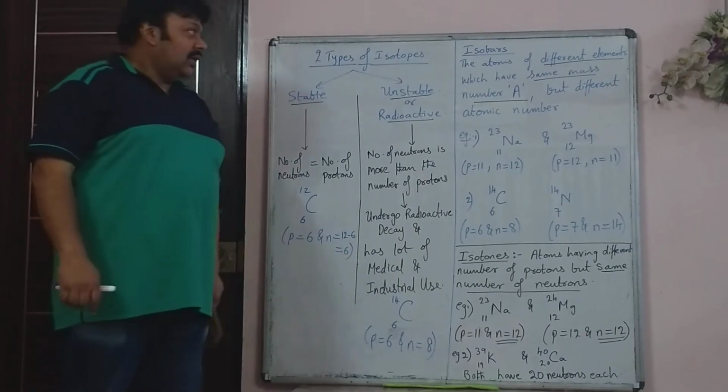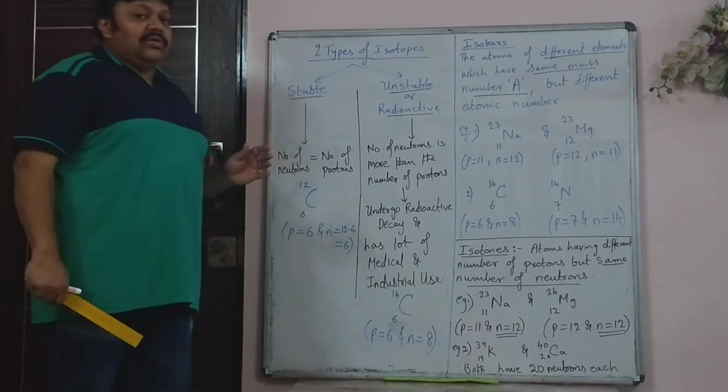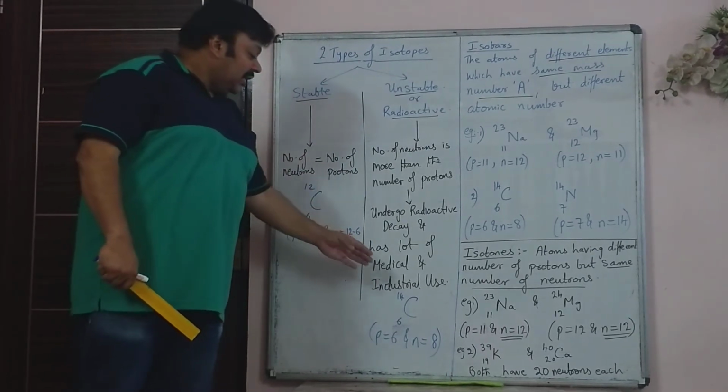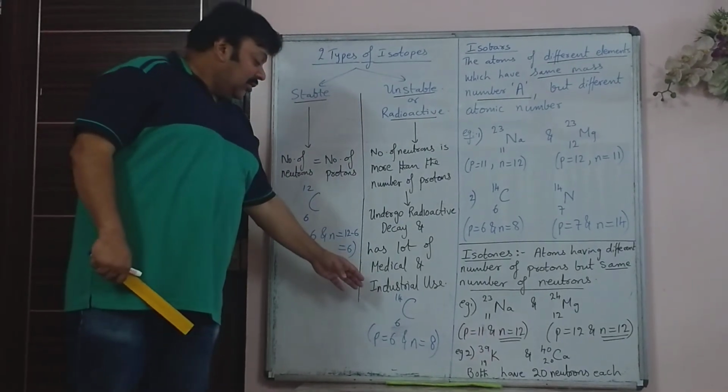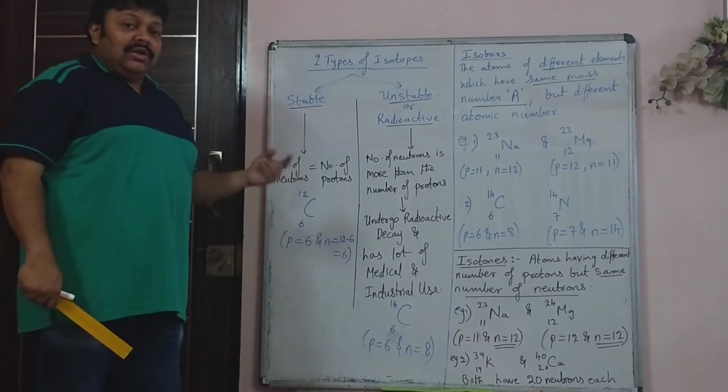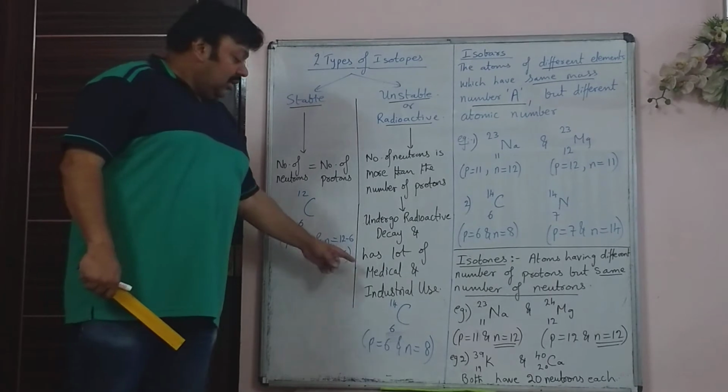What is emitted we will see a bit later. Now we saw isotopes first, like these both are isotopes. They have same atomic number, but they have different mass number because the number of neutrons are different.